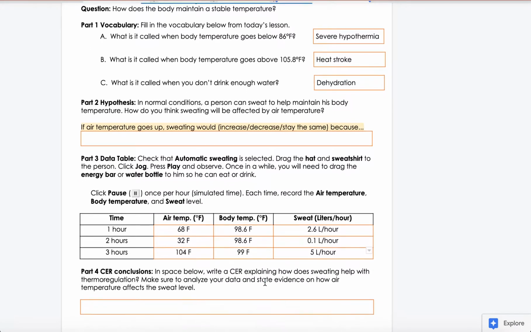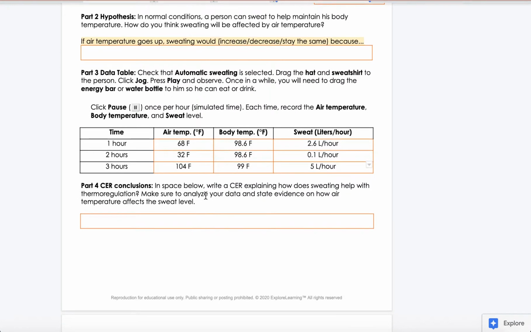Now I want you to take a look at your data table right now. At the first hour, the air temperature was 68 degrees Fahrenheit, body temperature was 98.6 degrees Fahrenheit, and the amount of sweat that she produces was 2.6 liters per hour. In the second hour, the air temperature dropped to 32 degrees Fahrenheit.